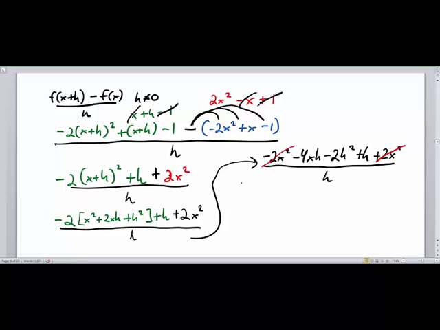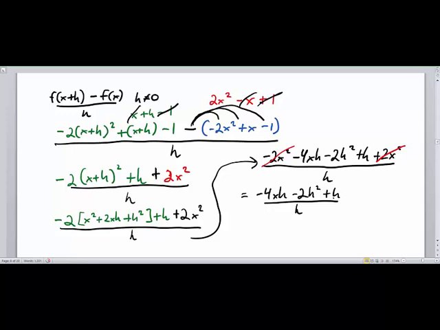So what this means, going back to my black pen, is I have negative 4xh minus 2h squared plus h, all divided by h. Now what we can do here, you see that numerator? That numerator has an h in every single term.